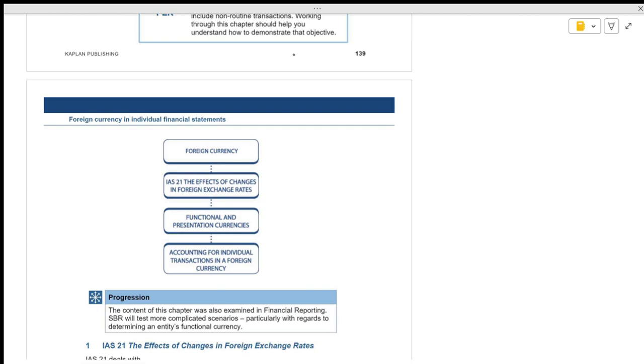IAS 21 is very important: it covers the effects of changes in foreign exchange rates, what the functional currency is and what the presentation currency is. And in the end, we will conclude with accounting for individual transactions in foreign currency.